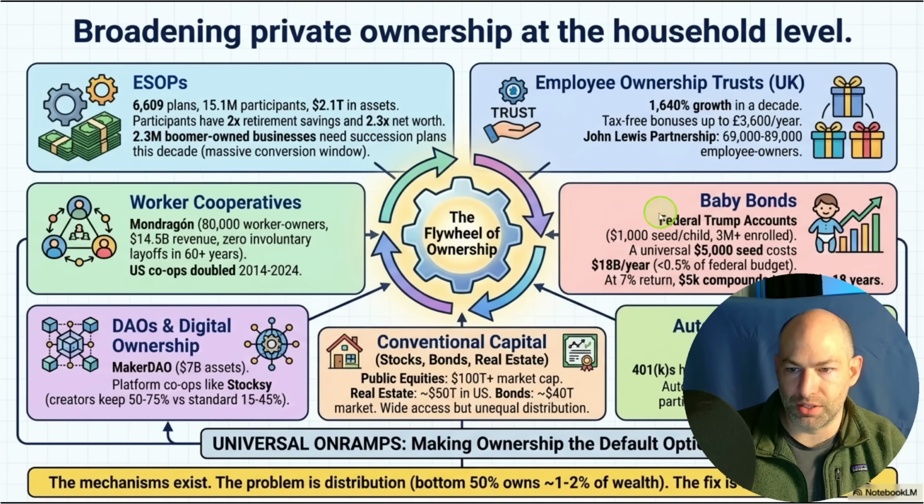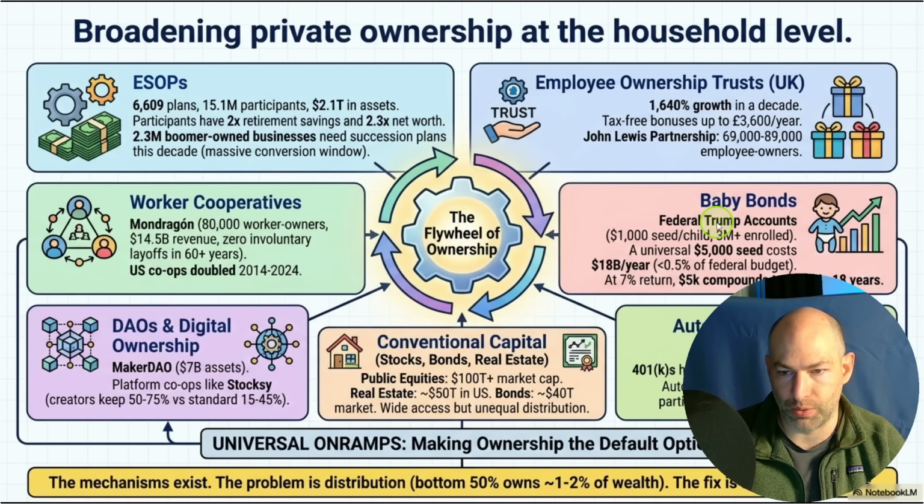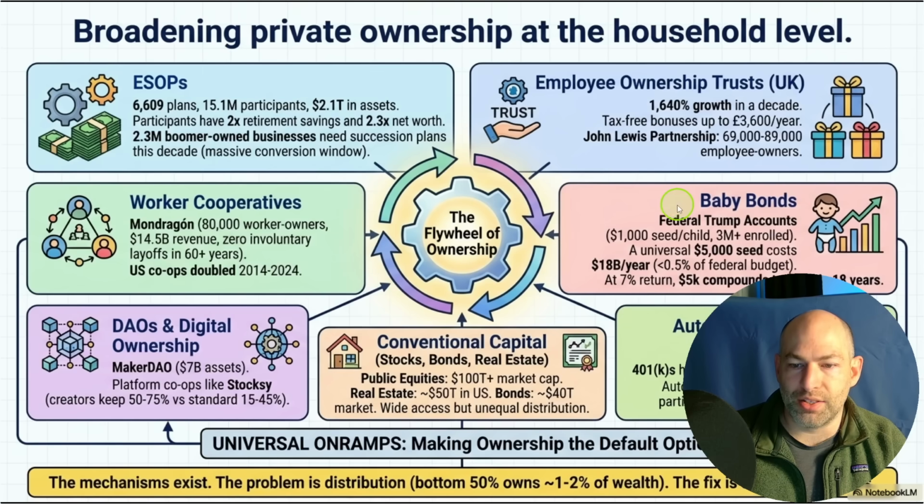Baby bonds, so this is the federal Trump accounts that were created earlier, or I guess last year at this point, it's 2026. So the idea is that by the time someone gets to adulthood, they will have about $17,000 or maybe a little bit more, depending on how much it compounds.